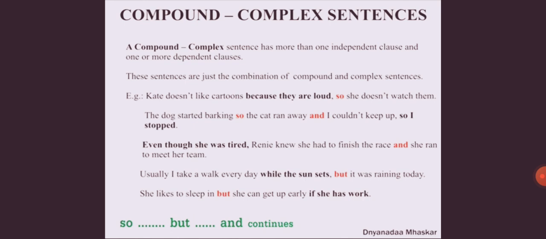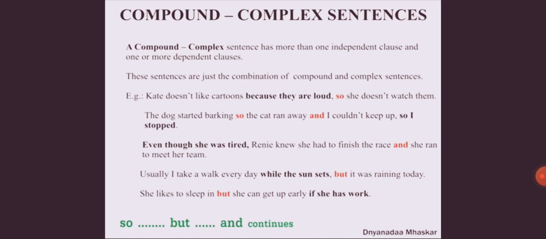Next one, usually I take a walk every day while the sun sets, but it was raining today. While the sun sets is a dependent clause, but is the coordinating conjunction joining the two independent clauses, usually I take a walk every day and it was raining today.